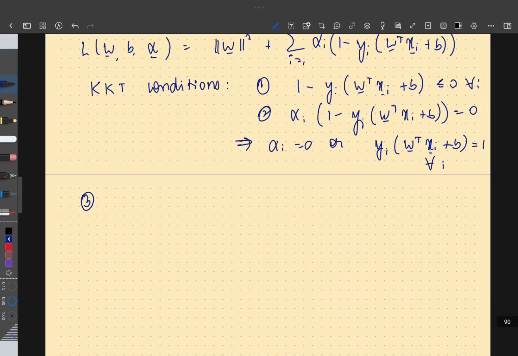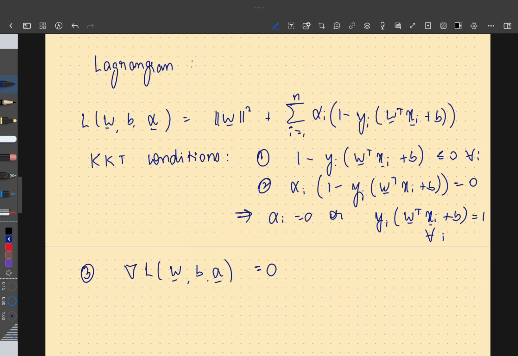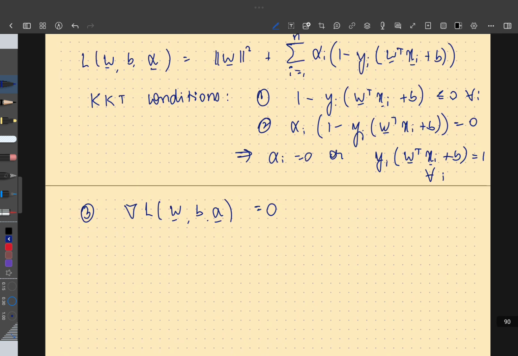Okay. The third condition is that the gradient of L with respect to w, b, alpha should be equal to 0. So what do we get when we take the gradient of this with respect to w? You get 2w plus summation i equal to 1 to n of alpha i times minus yi xi.